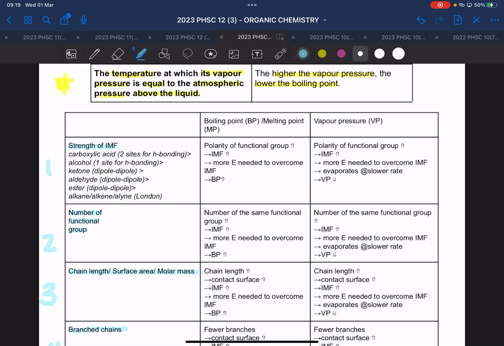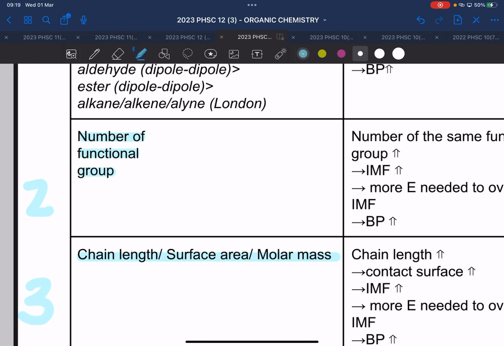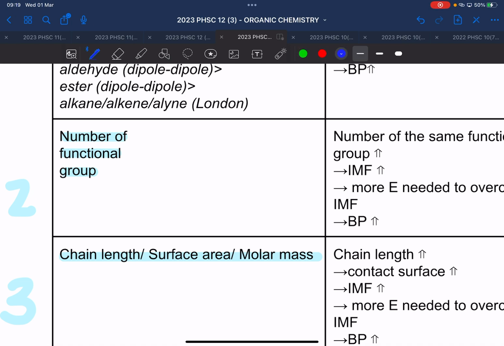Number of functional groups. What do I mean there? Let's say you compare propanol, propan-1-ol, with propan-1,2,3-triol.